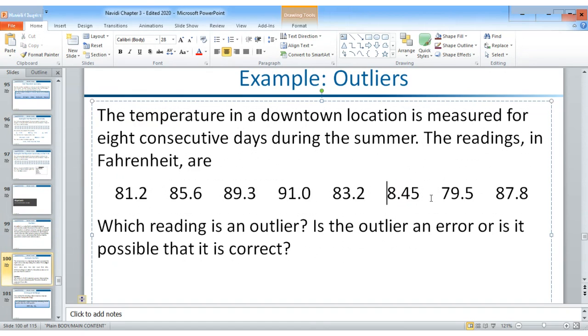So this is an outlier, and generally what you'll do in this course, through this book, is, if something is identified as an outlier, you just take it and toss it out. In this case, we've just identified it as an outlier, but there's several different ways to approach that. You could just verify that it was 84.5 and fix it, or especially if you've got enough values, you can just take it out.